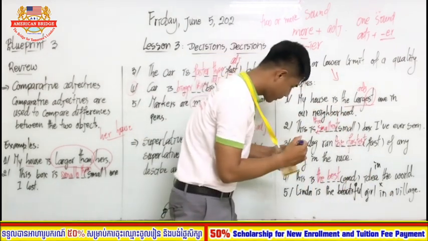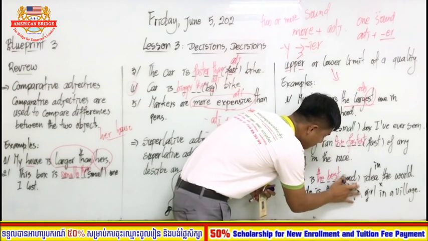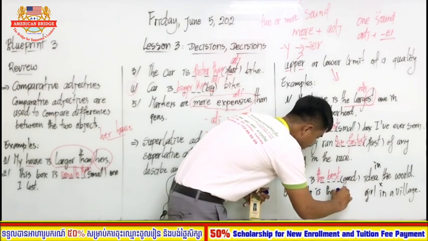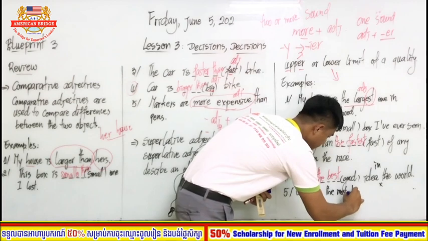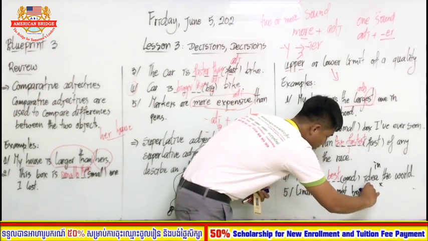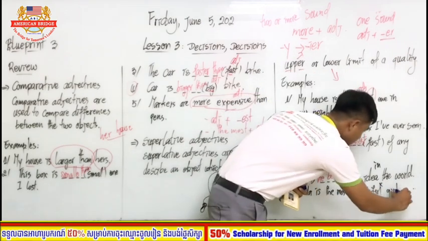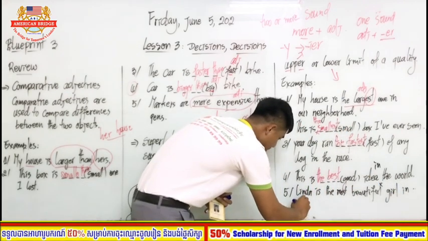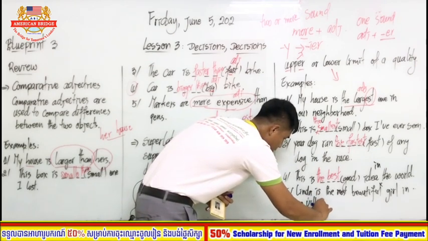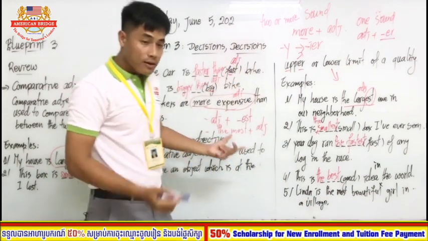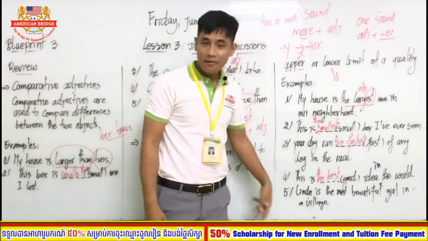Oh, where's most? Sorry. Okay, let me use it: Linda is the most beautiful girl in the village. Good. So we can use it like this.